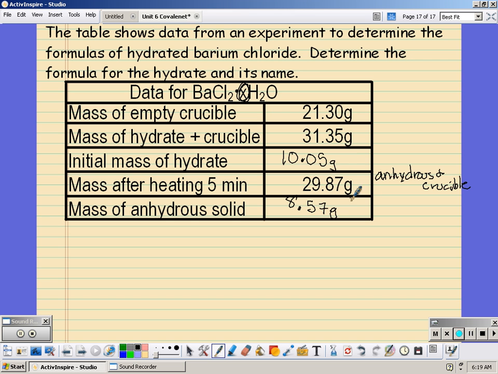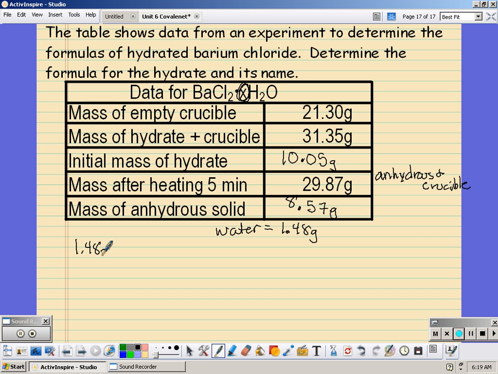So how much water do we have present? Well, if you take the mass of the compound with water and you subtract the mass without water, we would know that the water was 1.48 grams. So now it's an empirical formula problem. We're going to take the mass of our water and convert it to moles.